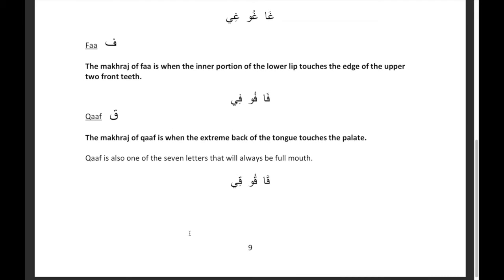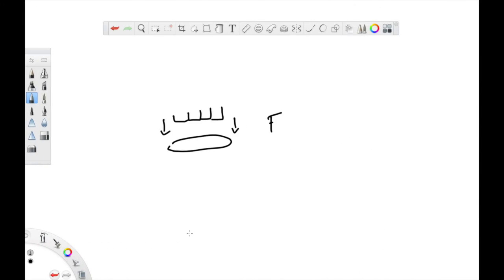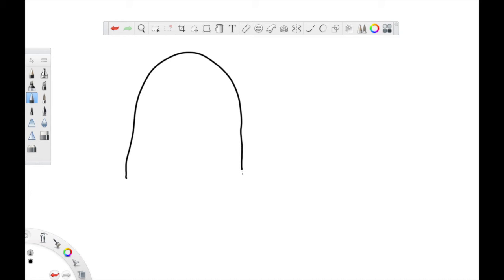Next is Qaf. The makhraj of Qaf is when the extreme back of the tongue touches the palate. So what is the extreme back? Let's draw our tongue. So the extreme back would be right here, complete back, and near your uvula, the little flesh that hangs at the back of your mouth.